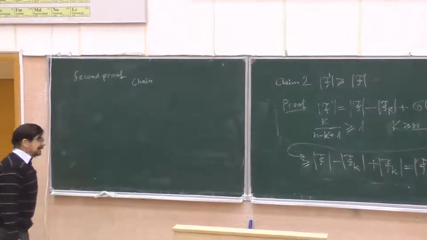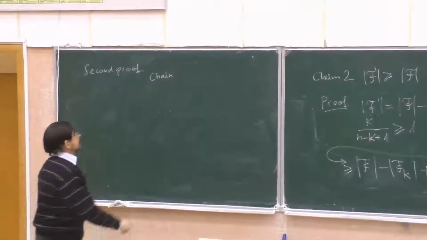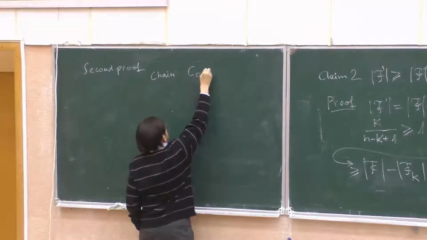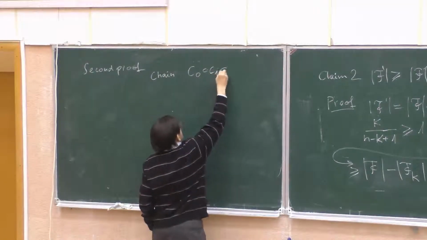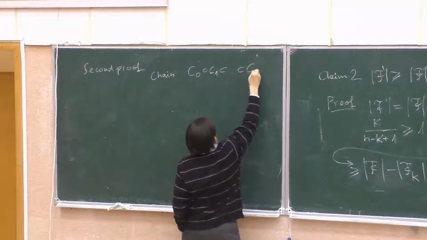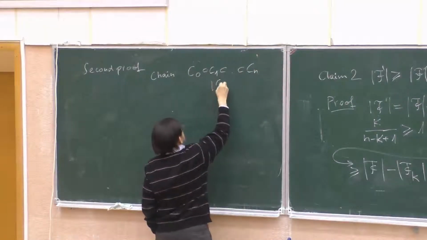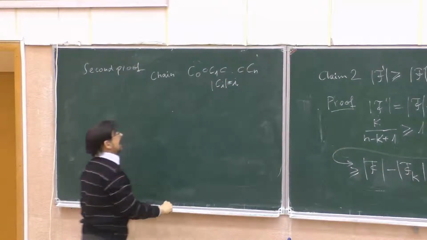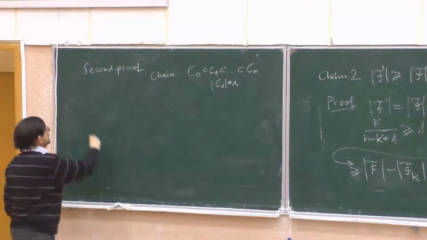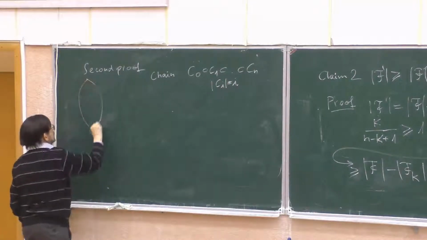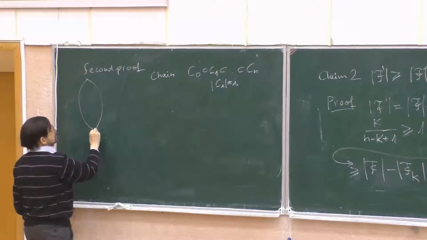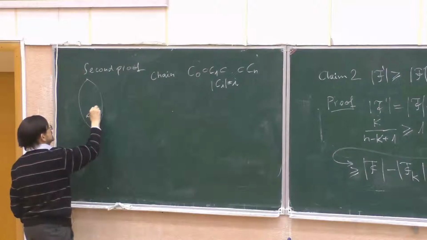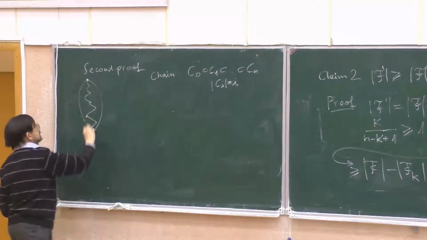I call it chain, which is C_i, an i-element set, but in the picture it means that we start with the empty set and one-element set, two-element sets, and so on up to here.